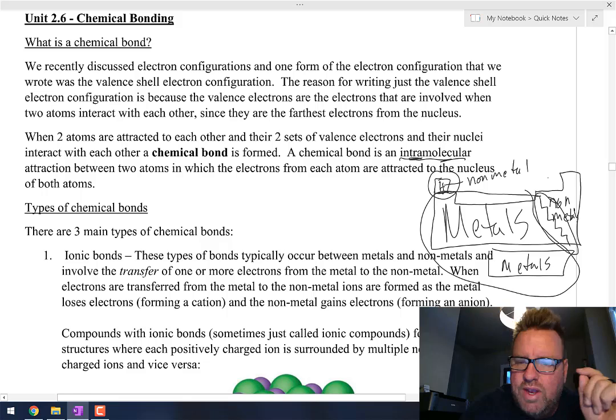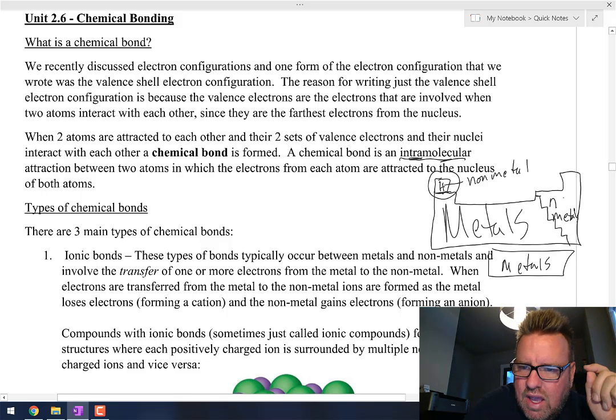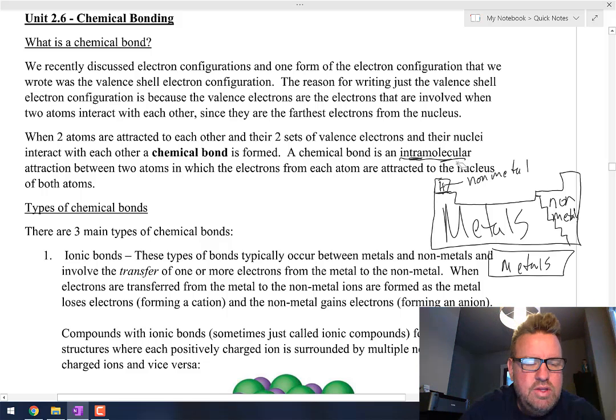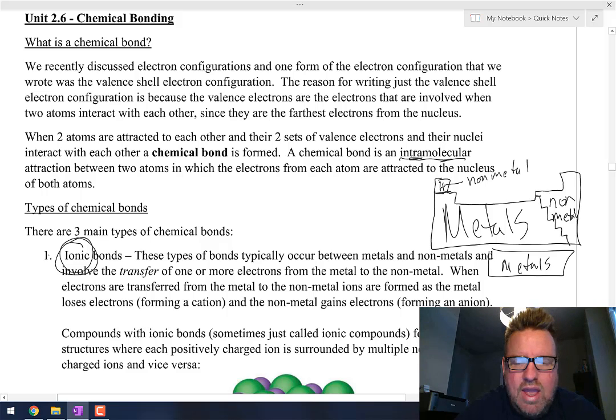The reason that is important is that the type of bond that forms depends on what the elements are, metals or non-metals. The first type of bond we're going to discuss is called an ionic bond. An ionic bond occurs between one metal and one or more non-metals.